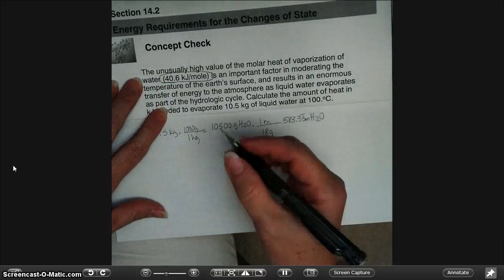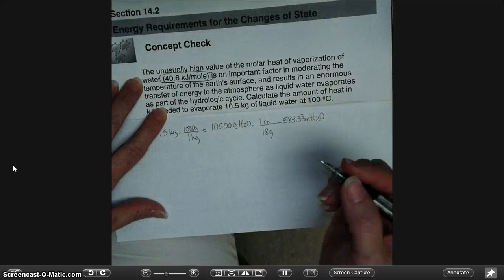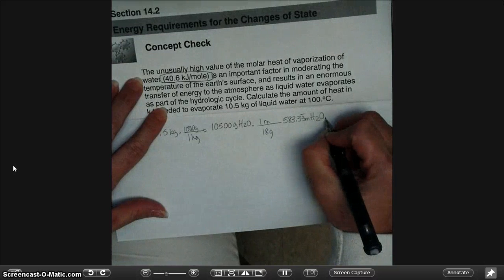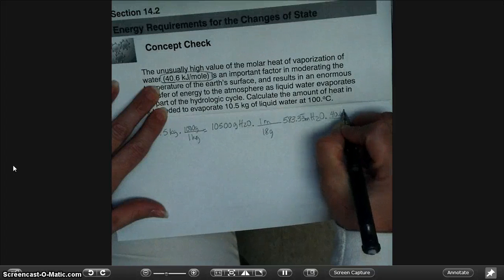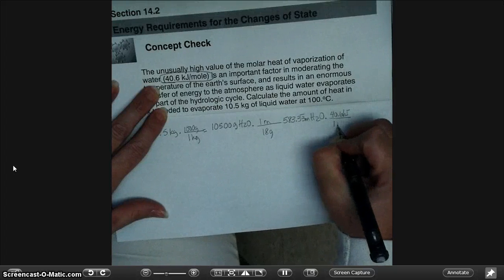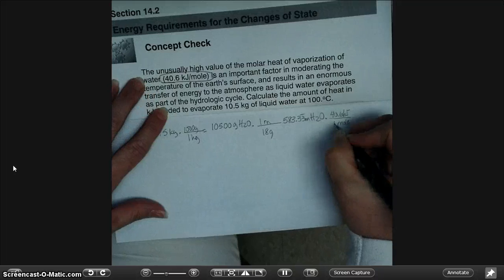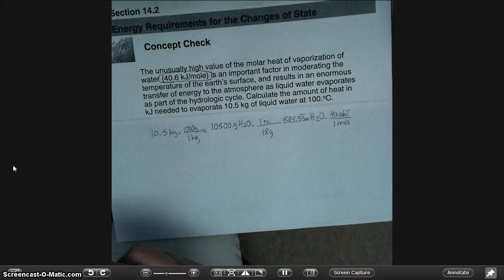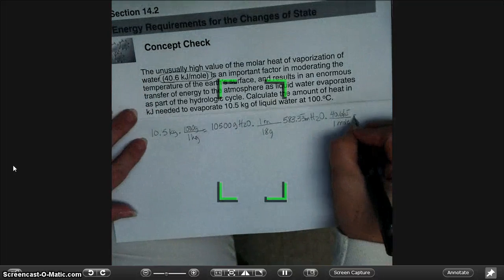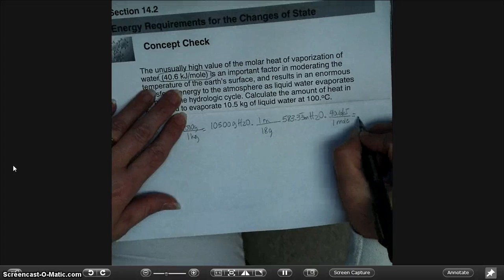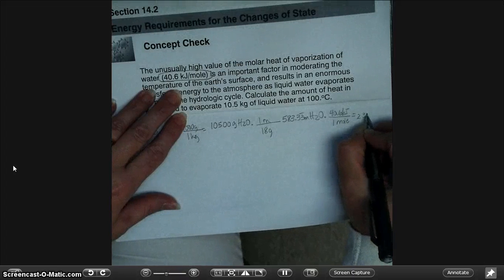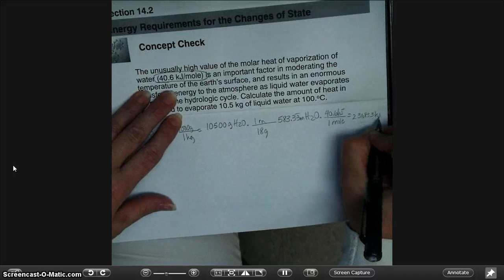And I can set it up as a proportion, or I can set it up to cancel, it doesn't make any difference. If I have that many moles of water and I know that it takes 40.6 kilojoules for 1 mole of water to be taken to steam, I should be able to just multiply that. So that times 40.6 is going to be 23,683.3 kilojoules.